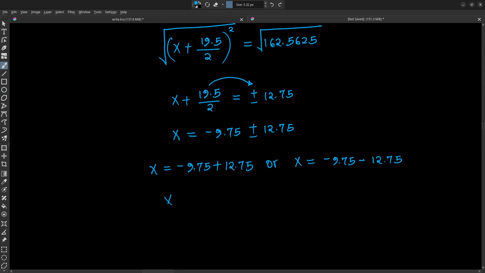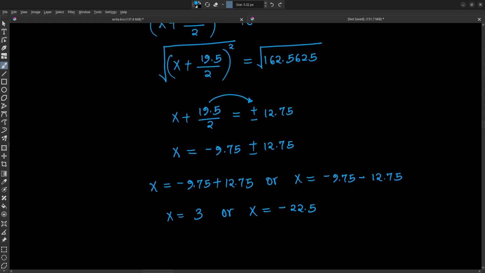So for this first case, x will be negative 9.75 plus 12.75. That's going to give me 3. So x is either 3, or then I do negative 9.75 minus 12.75. That's going to give me x is equal to negative 22.5.